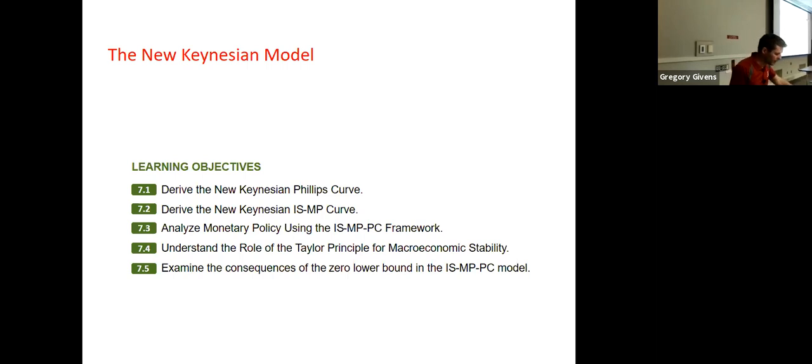Well, in determining which type of rule or policy setting is best, in the sense of generating the lowest possible loss, kind of implicit in all of this analysis is an understanding about how different policy settings affect, or are transmitted to, I should say, the outcome variables that we care about. So like inflation or the output gap in particular.